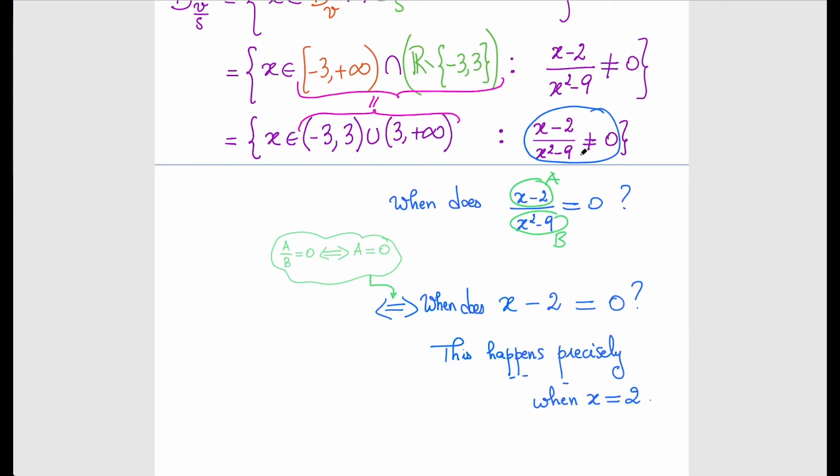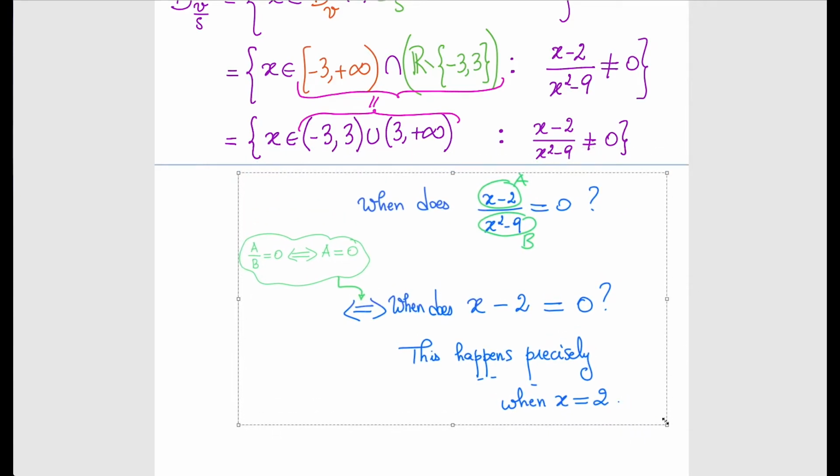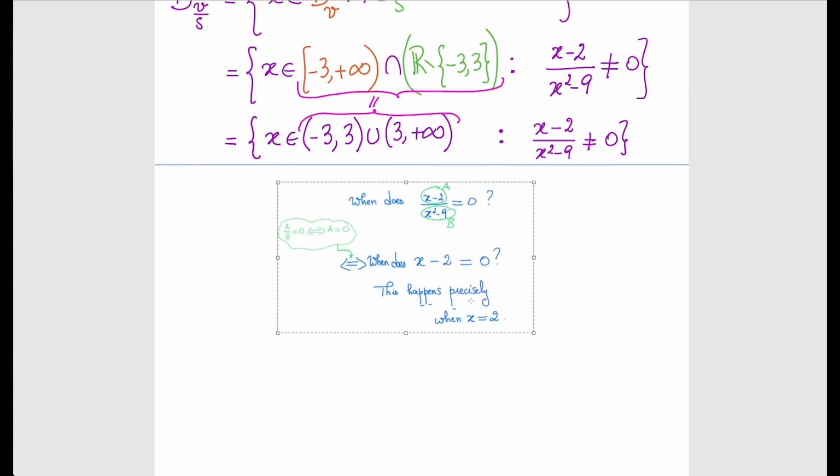This means that x should not be 2, right? I was looking for when this is equal to 0. Since you don't want this to happen, you don't want x to be 2. Correct? Okay, so this was just a little explanation here on the side. Let's make it smaller and just keep it here.